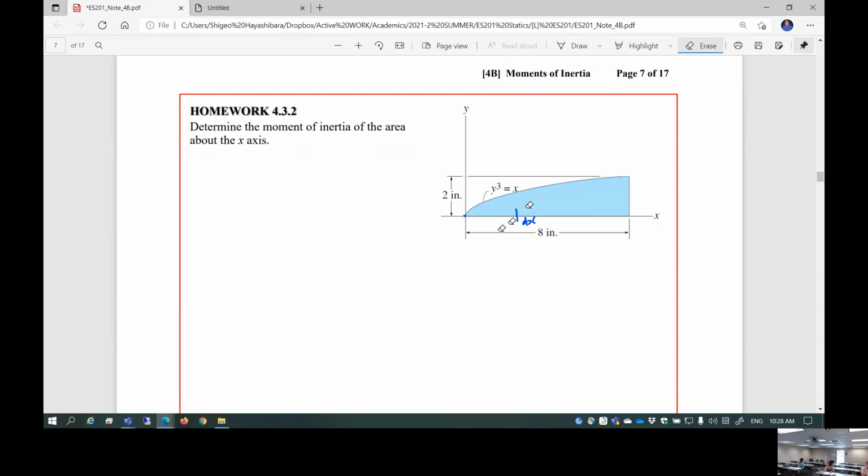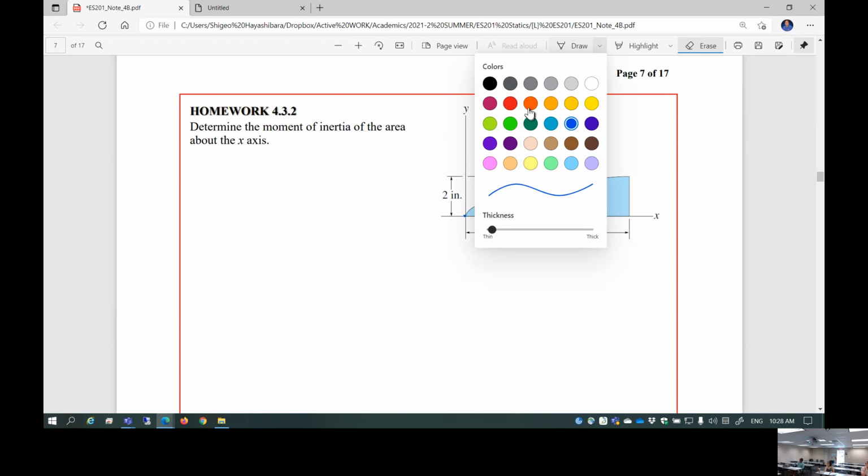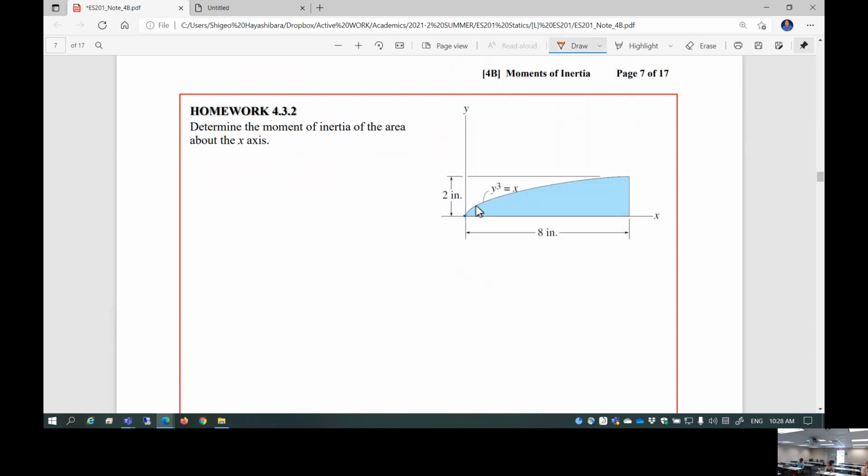The other way around, you choose y and cut out the strip dy, and integrate in the direction y from 0 to 2 inches. Either way. Which way did I do? Let me find out.